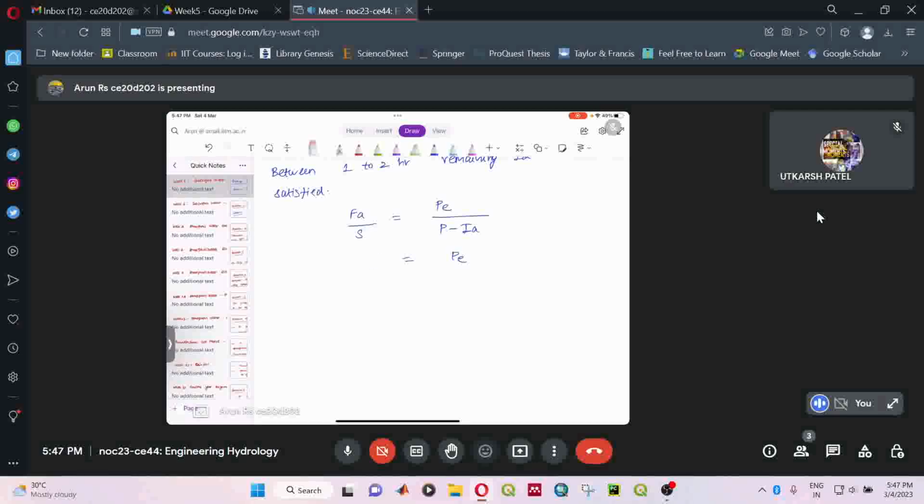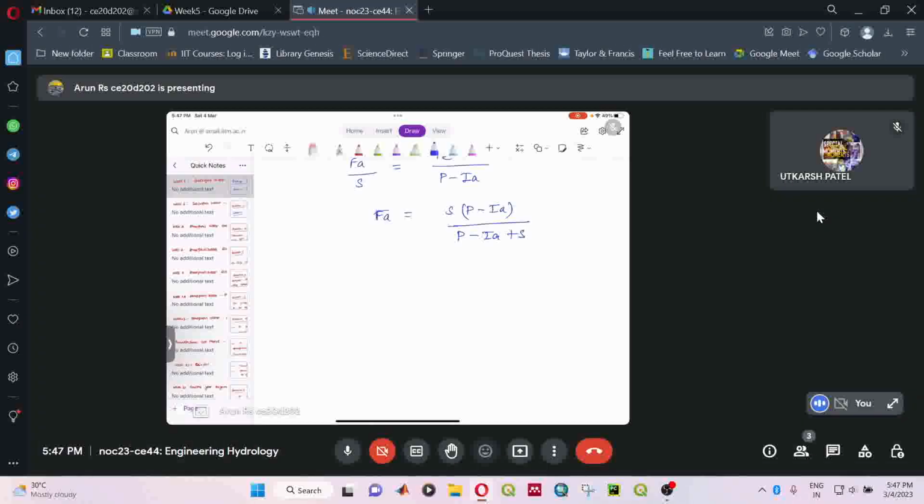So we are going to compute this FA for every time step. While deriving at one step, we will be having this equation: S into P minus IA divided by P minus IA plus S. So while deriving the equation, we'll be ending up with the equation like this. I'm writing it directly.